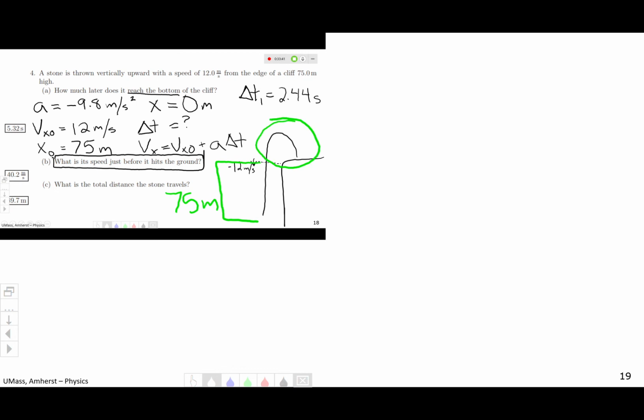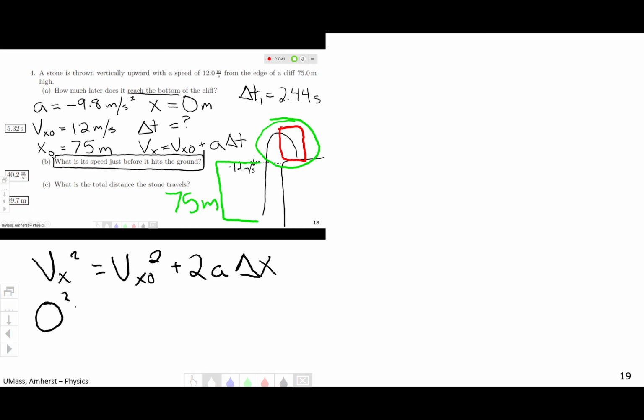So we're going to use Vx squared equals Vx0 squared plus 2a delta x, and we're just going to solve it for the way up. So if we know that distance, then we can just multiply it by 2, add 75, and we're good to go. So our final velocity is going to be 0.